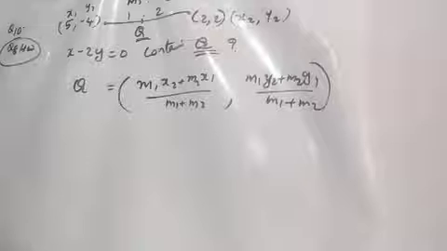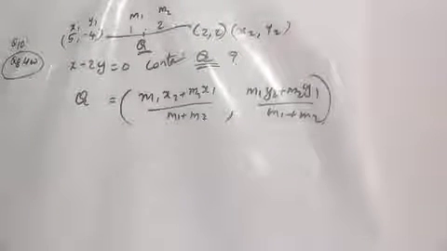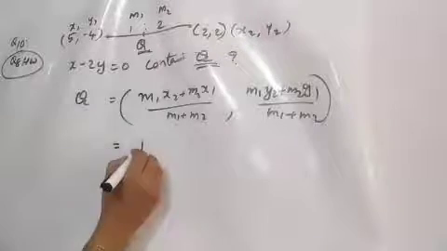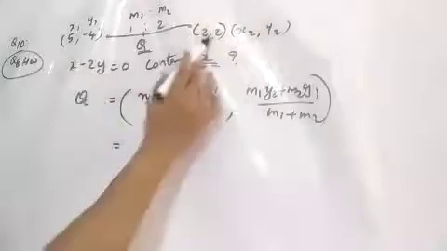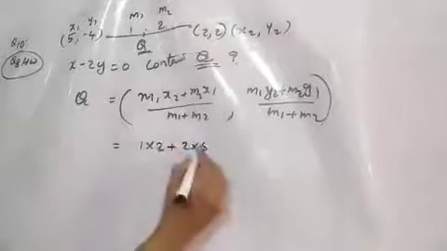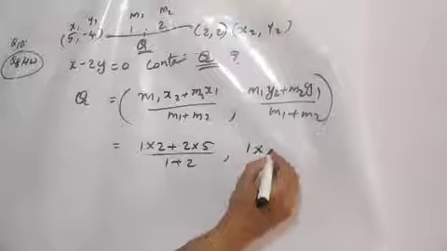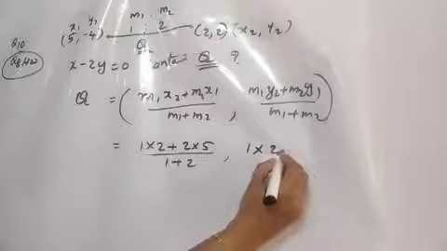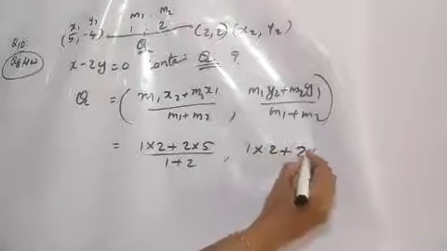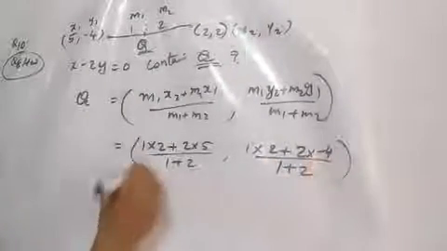Here you can see m1 is to m2 is 1 is to 2. So let us substitute. 1 into x2, that is 2, plus 2 into x1, that is 5, by 1 plus 2, and 1 into y2, that is 2, plus m2, that is 2, into y1, minus 4, divided by 1 plus 2.